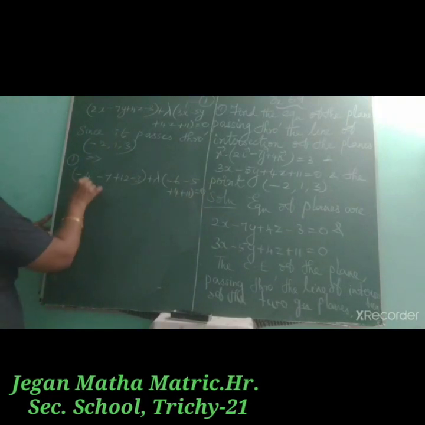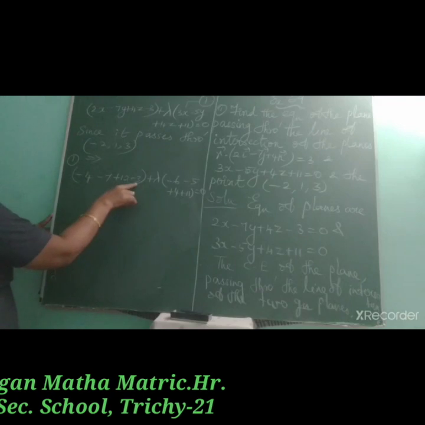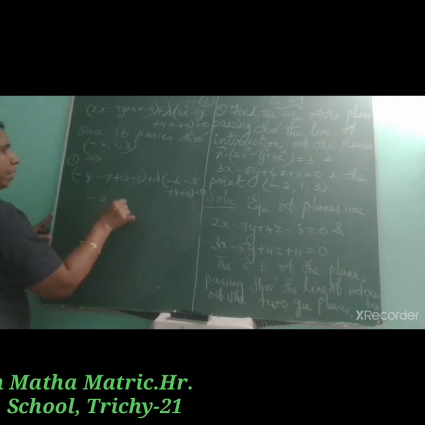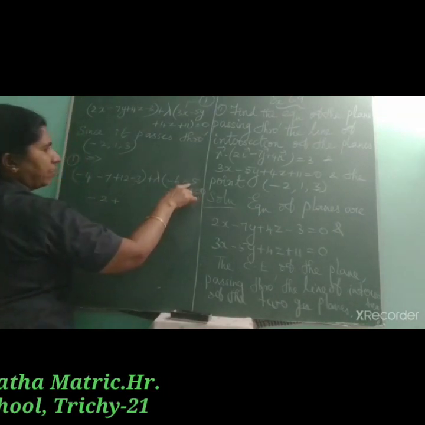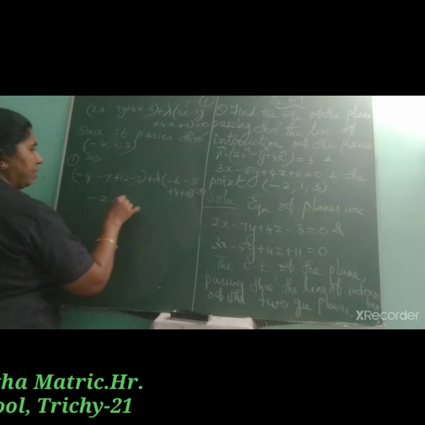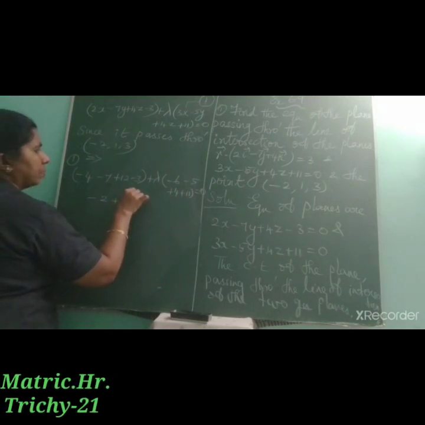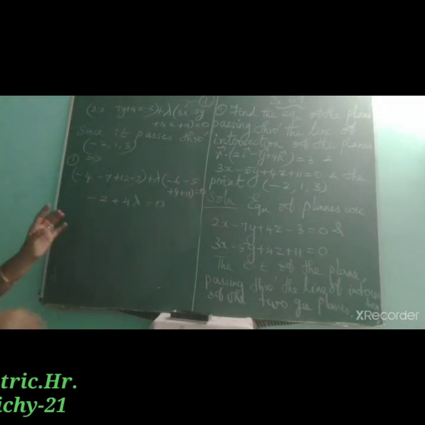When simplifying, minus 14 plus 12, so minus 2, plus, here we have minus 6 minus 5 which means minus 11, so plus 11, plus 4, so 12 lambda equal to 0.